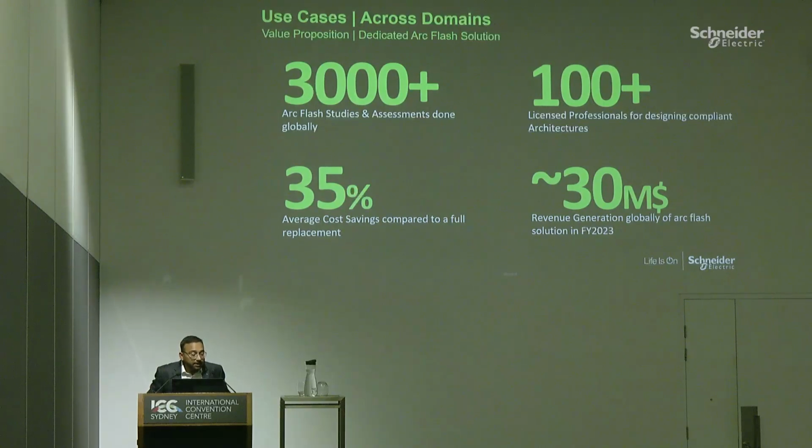And the last slide from my side is use cases across domains. This is only Schneider Electric factual data. Till now, 3,000 plus studies and assessments were performed by the Schneider Electric team. 100 plus licensed professionals are being trained for designing compliant architectures.